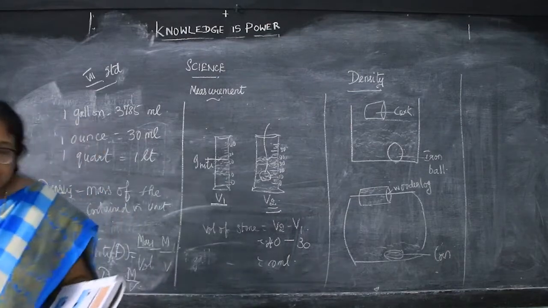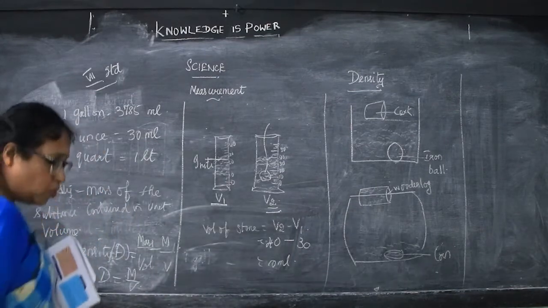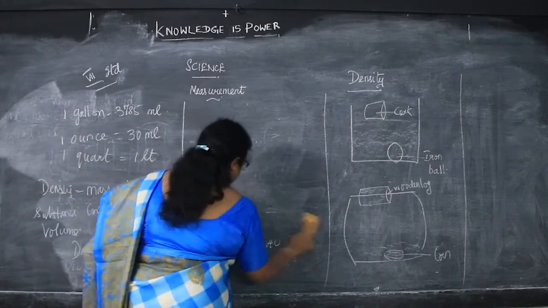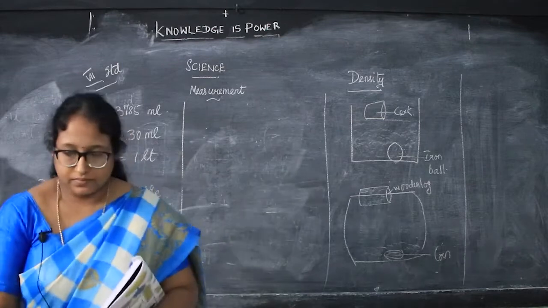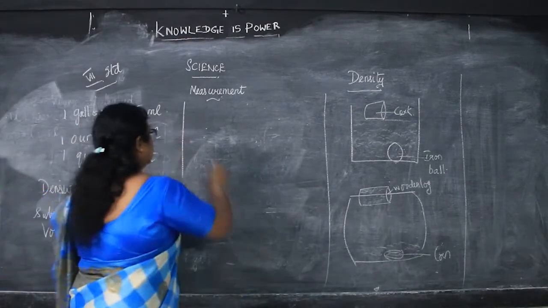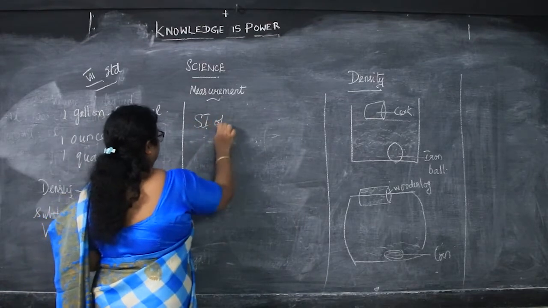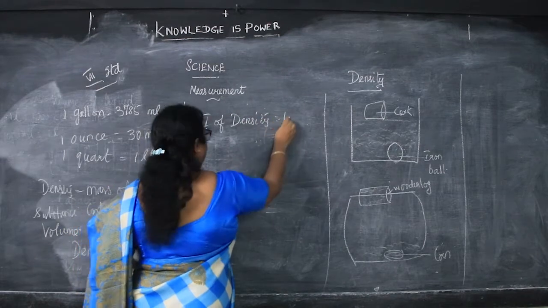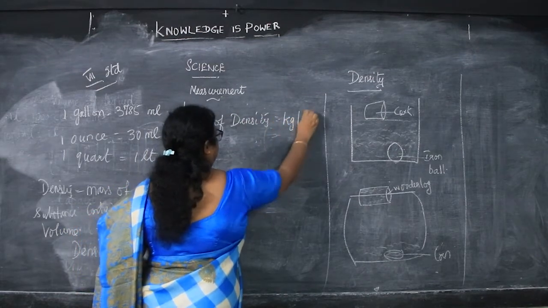Now what is the SI unit of density? The SI unit of density is kg per cubic meter.